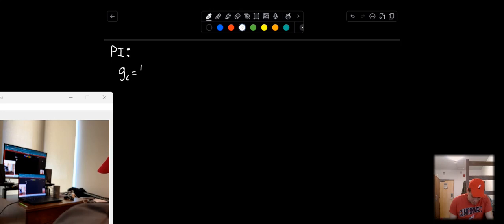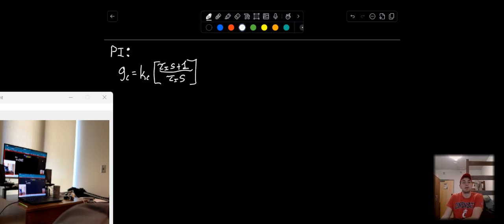for just proportional control, right, we said that the gain was going to be equal to Kc. Now for PI control, we're going to say that the gain will be equal to Kc times the quantity tau I s plus 1 over tau I s, right?